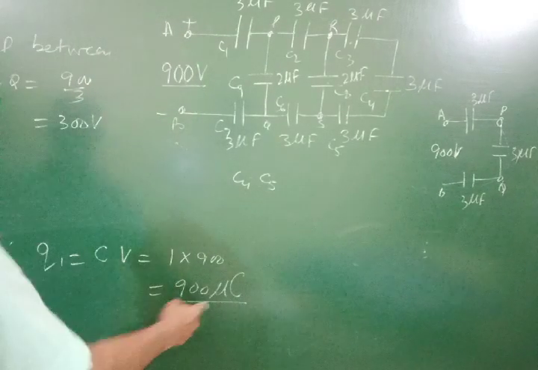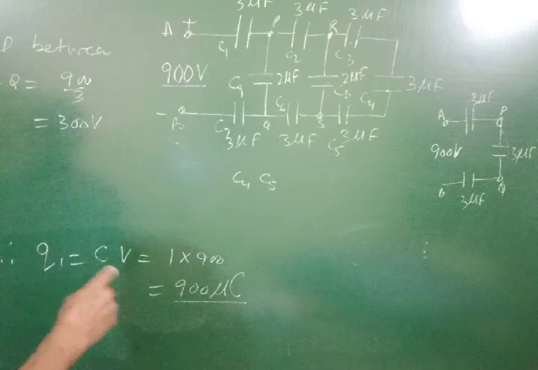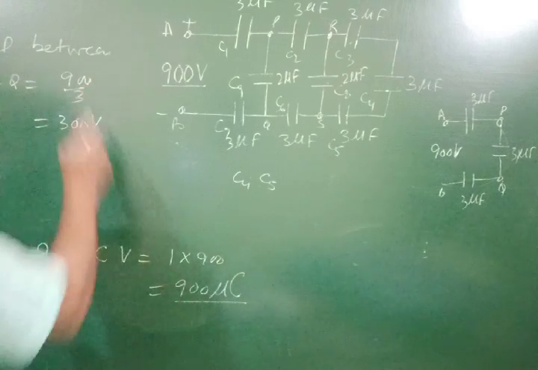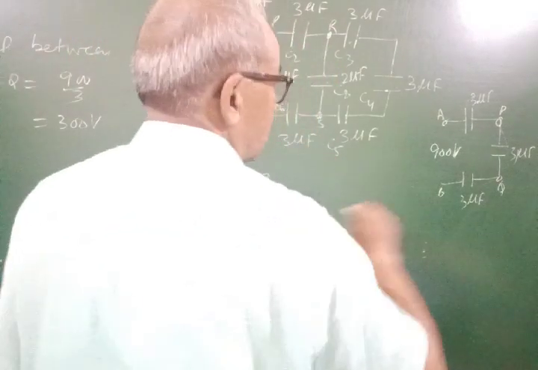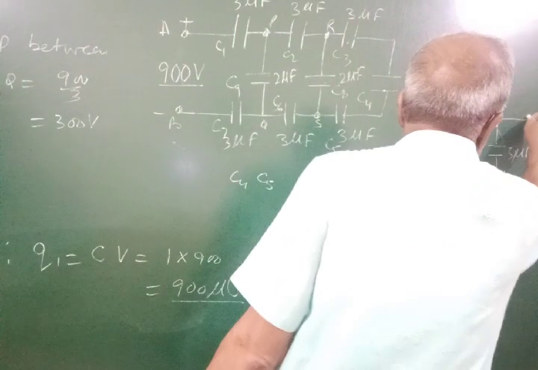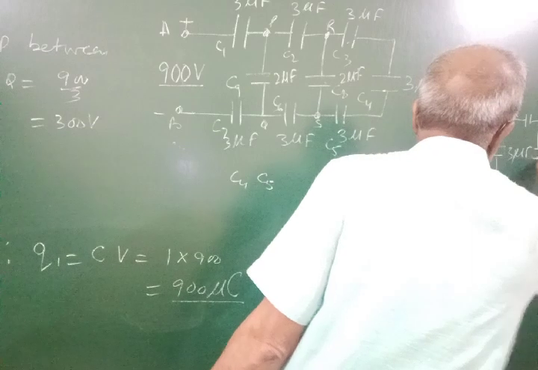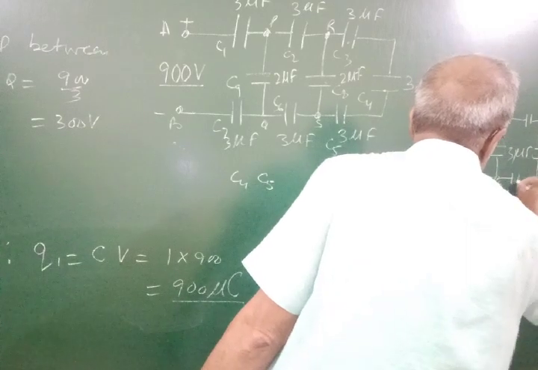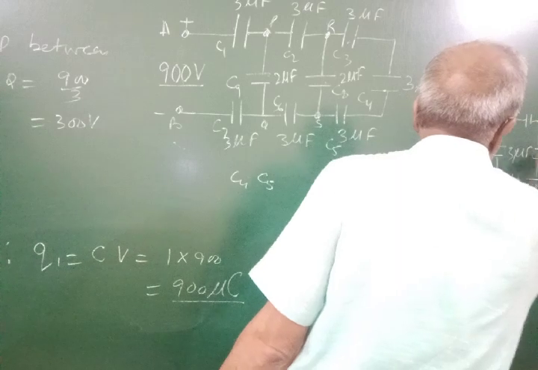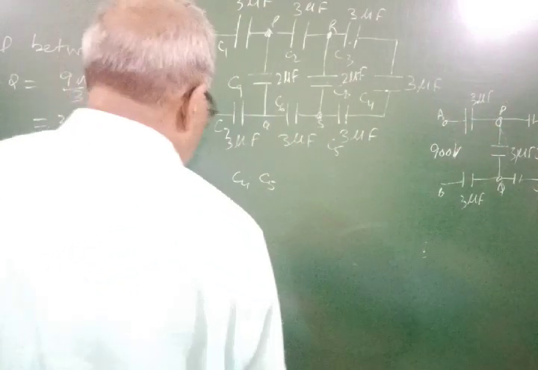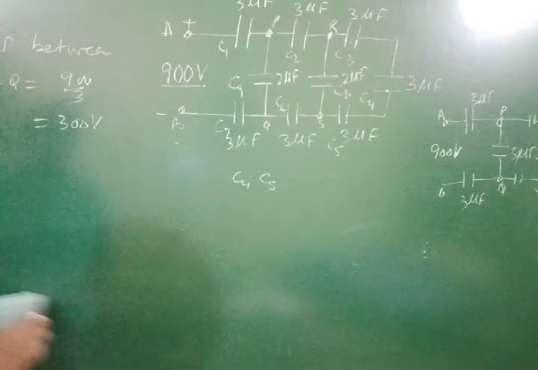By charge 900, equivalent 3 microfarad, so 900 upon 3 is 300 volt. But again, here you get 3 of equivalent. यहाँ जो RS आवेगा ये 3 ये 3 ये 3 and equivalent 3.